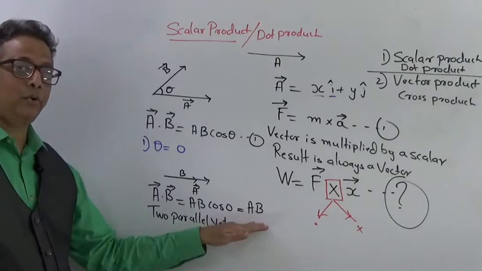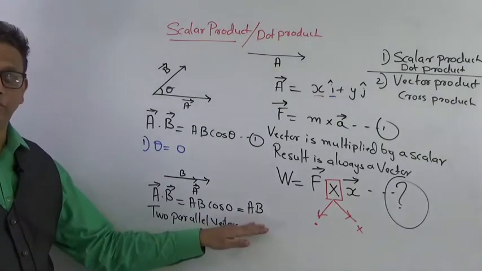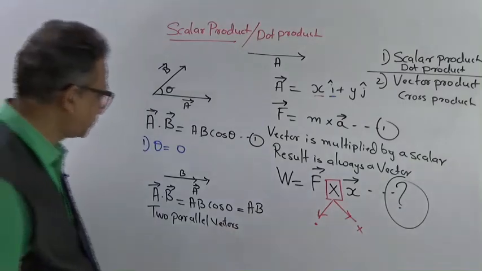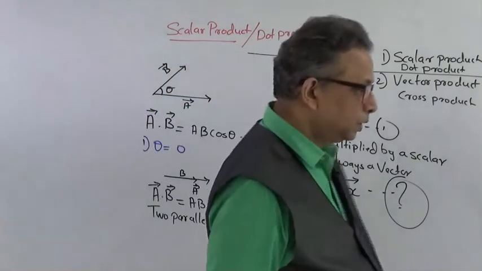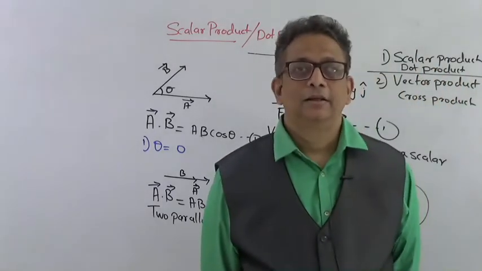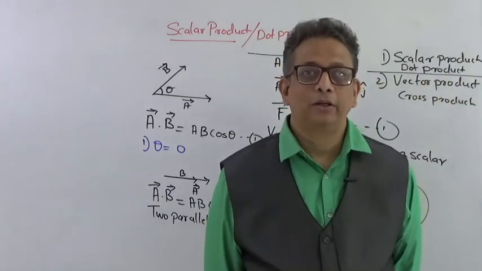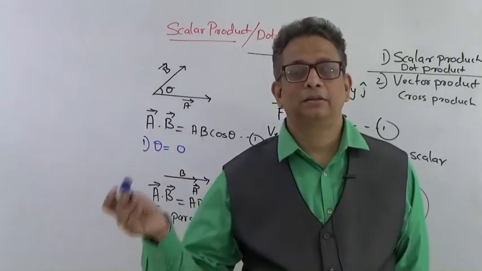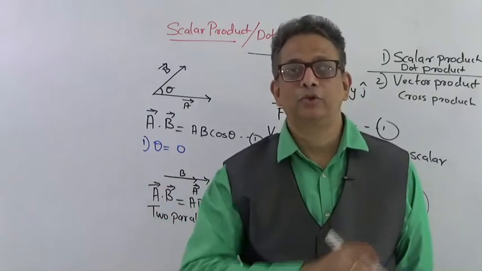It is just the product of the magnitude of those two vectors. Is this clear? So two vectors in the same direction, when they are multiplied using the dot product, what do you get? It is just the product of the magnitude of those two vectors.